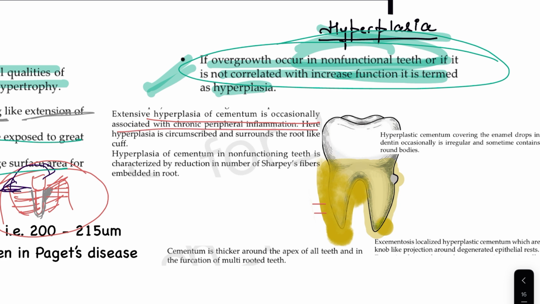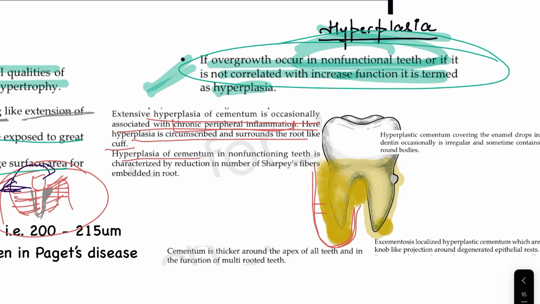So if there is a lot of excessive cementum deposition, that could be due to peripheral inflammation, in various diseases of the alveolar bone or gingiva. Here hyperplasia is circumscribed and surrounds the tooth like a cuff. So it means that the cementum surrounds the entire tooth. Maybe like this even. There's so much cementum deposition that it surrounds the tooth like a cuff.